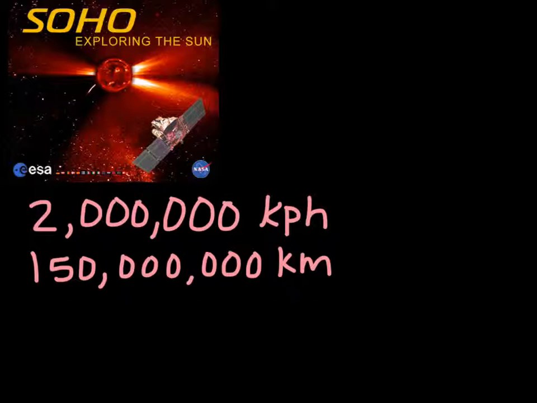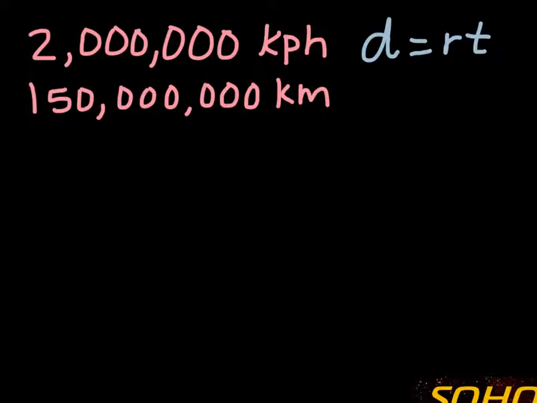We know that the formula for distance equals rate times time. We know two pieces of information here. We know the distance and we know the rate. Therefore, we can solve for the time.